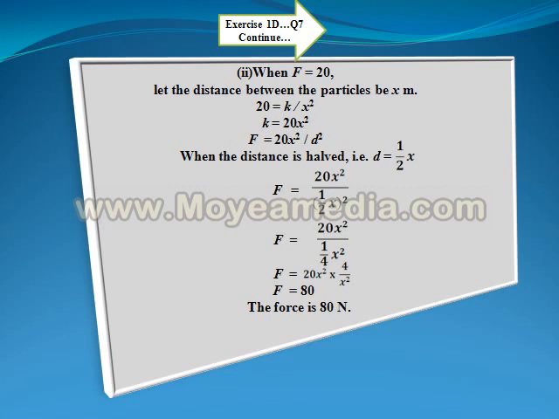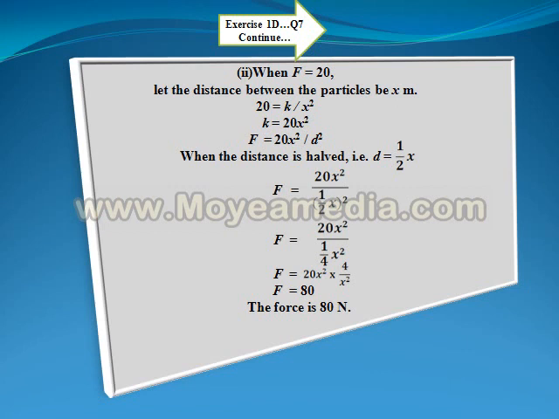So now we are making half of that x. So you could see d is equal to 1 by 2x, half of the distance, whatever that distance was, 2 meter, 1 meter, 10 meter. It was 10 meter, it becomes 5 meter here. It was 2 meter, it becomes 1 meter here.